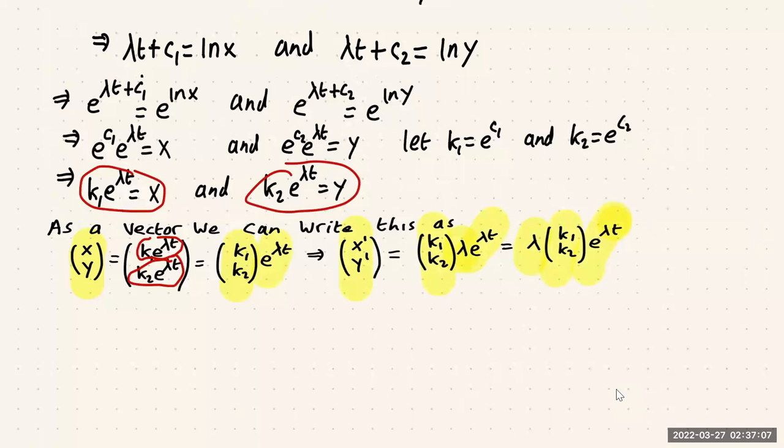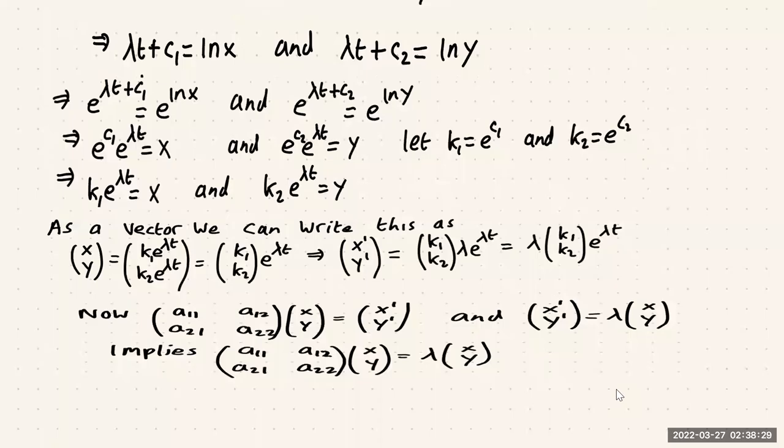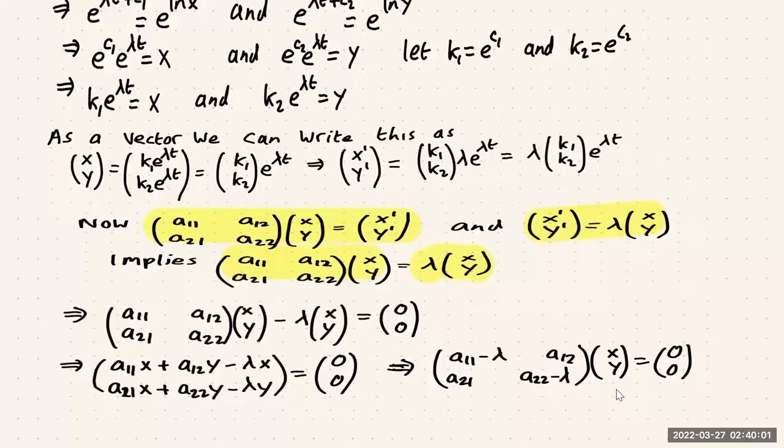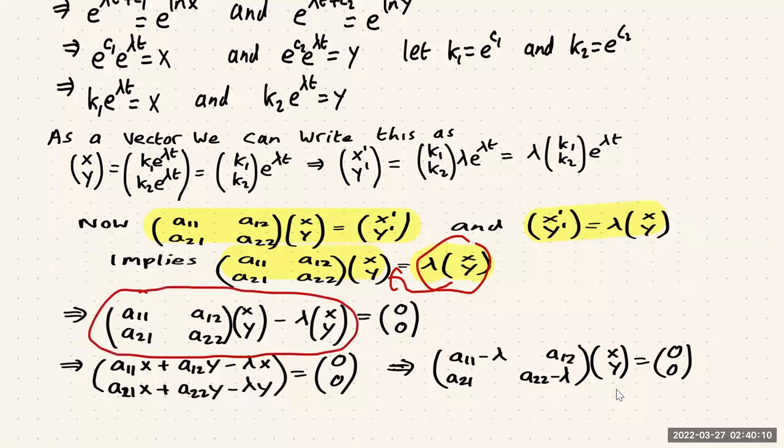So if we have our system and our solution x y can be written this way, then the matrix A times the vector x y would have to equal lambda times x y. We can take this term across the equal sign, which I've done here, and I'll have my matrix A times my x y vector minus lambda x y equals 0, 0.